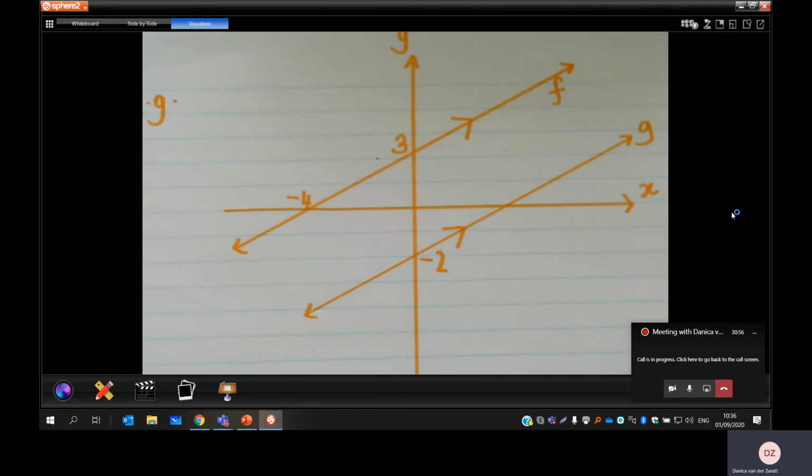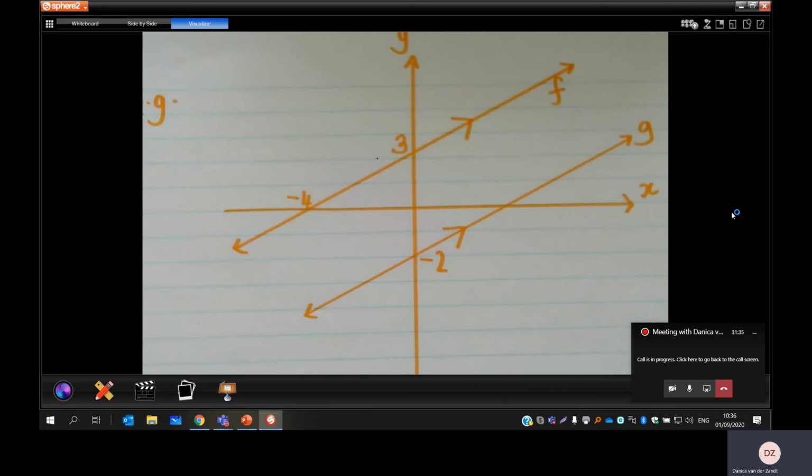Instead of new line and old line, I'm now calling it F and G. And my equation would be the same.